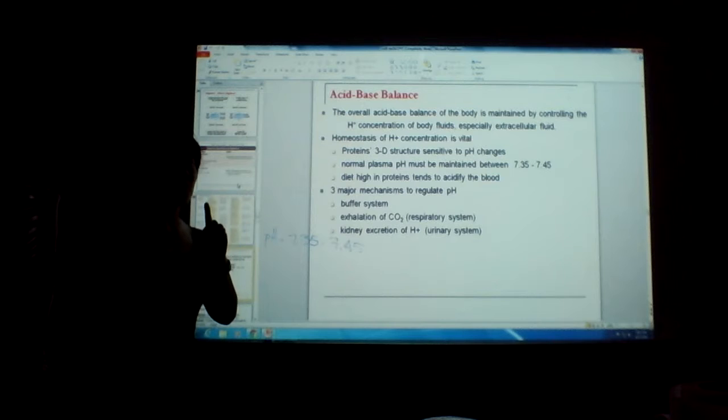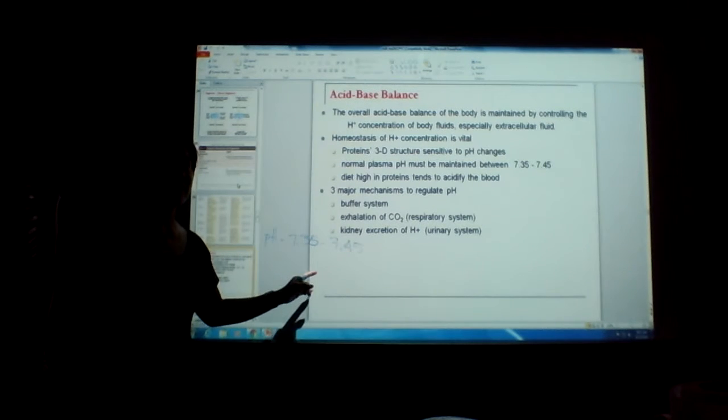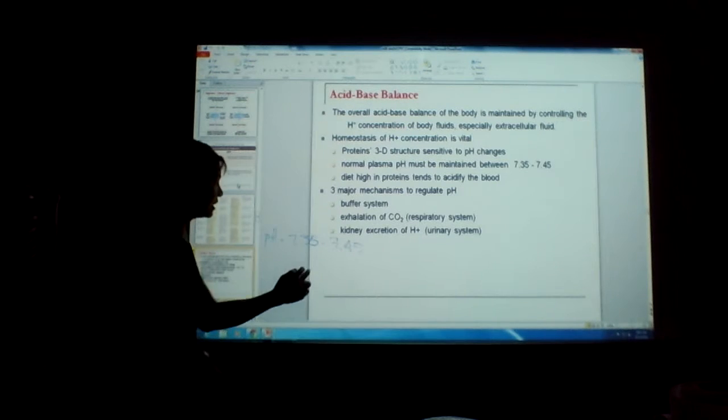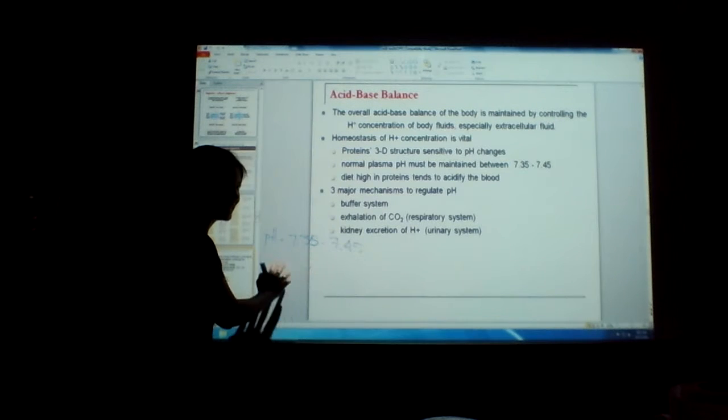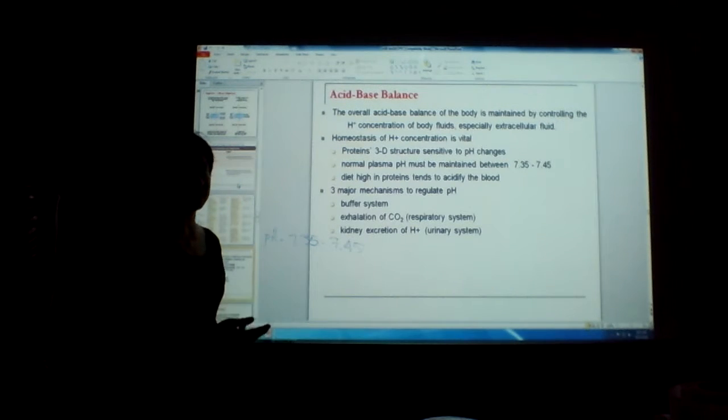But it's so easy, 7.35 to 7.45. The one thing I want you to appreciate about this number is that there's just a very narrow window of give, just 0.1. You have to maintain this acid-base balance at all times.